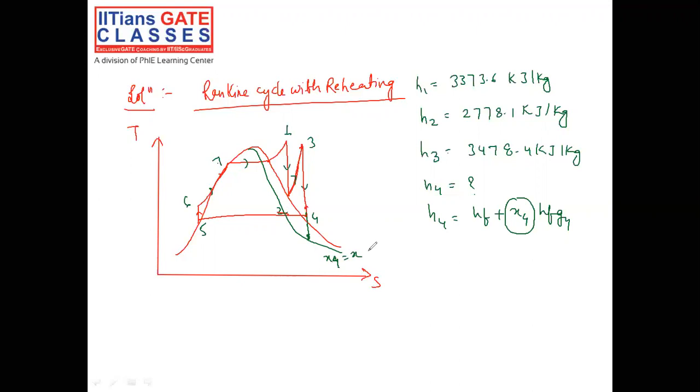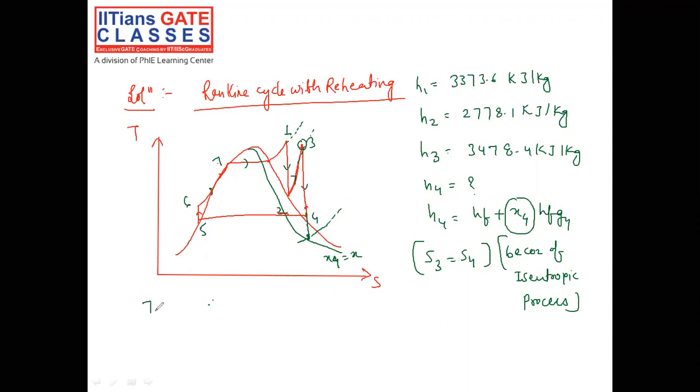For calculation of X4, we are going to equate S3 equal to S4, because it is an isentropic process. S3 we have, that is superheated condition, and we know the pressure values given to us.